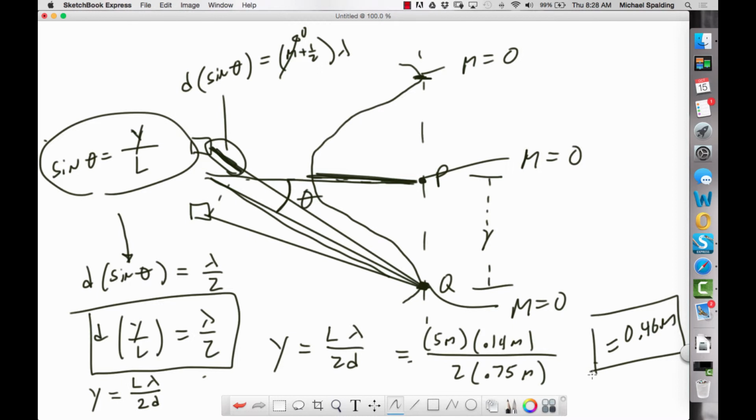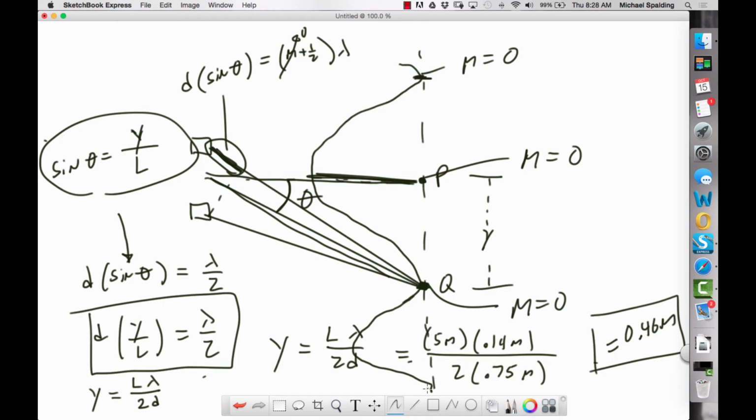Okay. Identify another location on the line that passes through P and Q. Where is another location where the student could stand in order to observe a minimum? Well, look, what you could do is change the order number. This pattern continues, right? It's going to go loud again and then quiet.